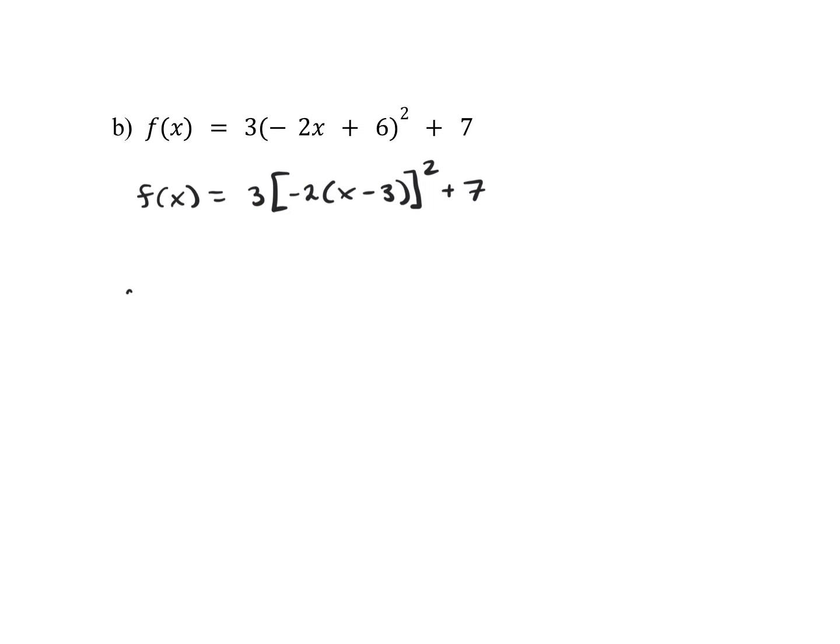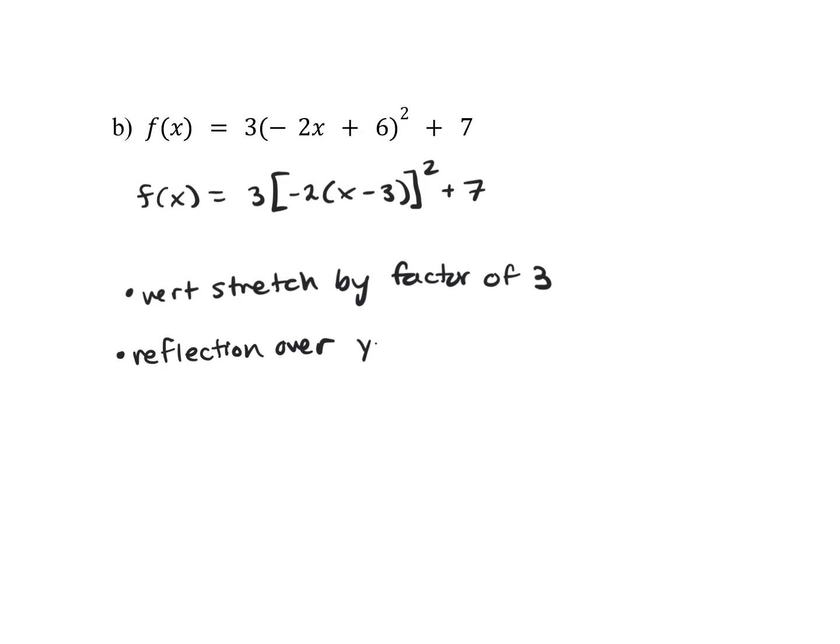So one thing, we can start with that 3 out front, which would be a vertical stretch by a factor of 3. And then I'm going to move to this value that's being multiplied. So the negative, since it's within the stuff being squared, it's being done to x. That's a horizontal reflection, which is always going to be a reflection over the y-axis.